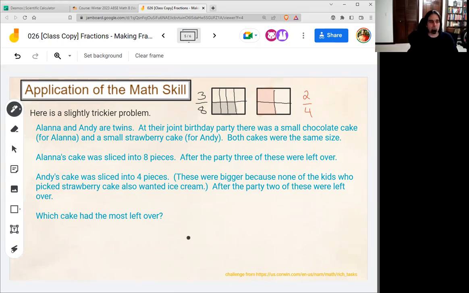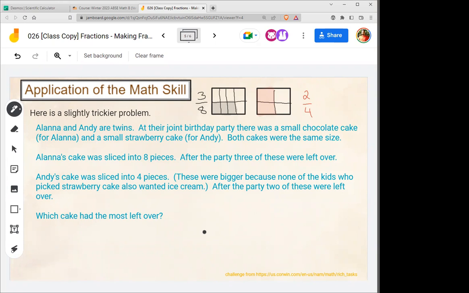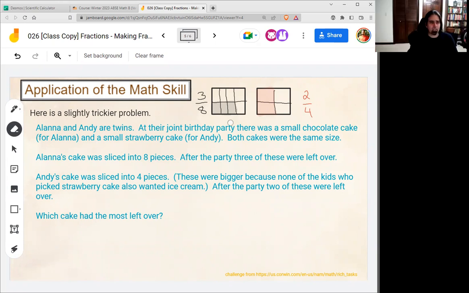Which cake has the most left over? Is it 2/4 because the sizes are bigger? Yeah, imagine I didn't serve that piece, but instead, I did serve that piece, and the one that's still in the pan is here.